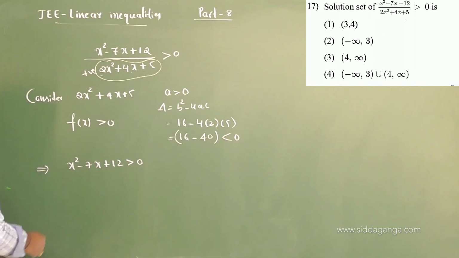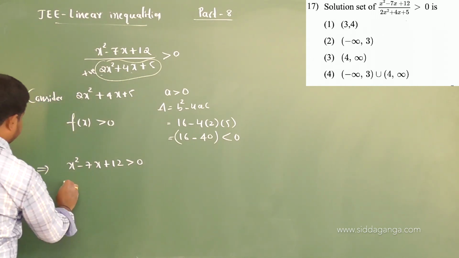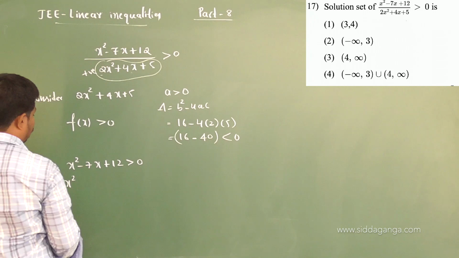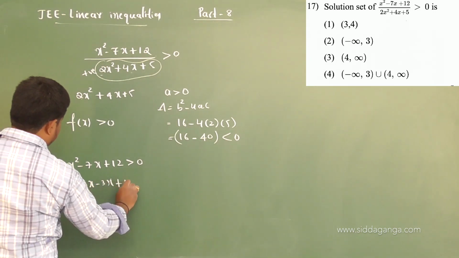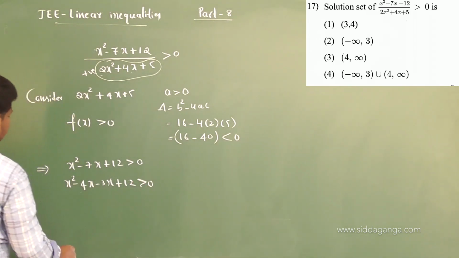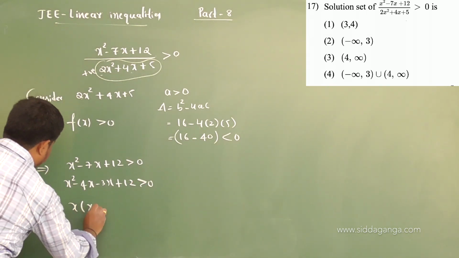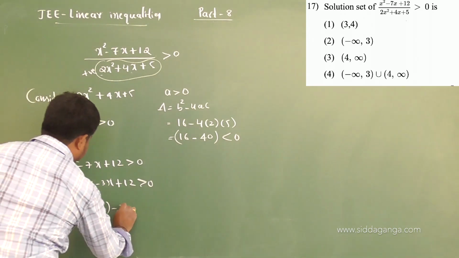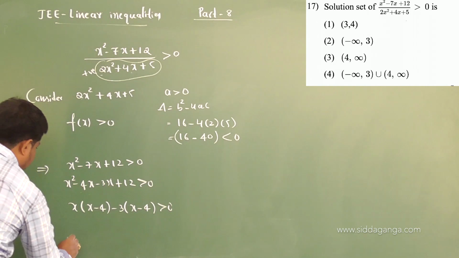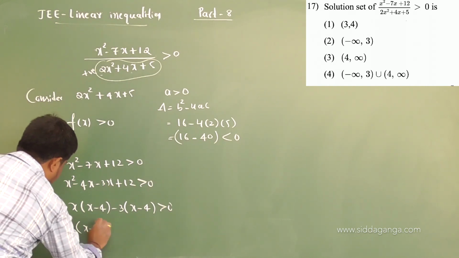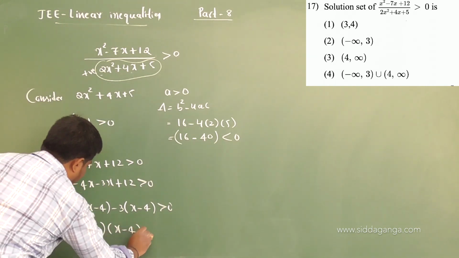I can rewrite this as x square minus 4x minus 3x plus 12 is greater than 0. x into (x minus 4) minus 3 into (x minus 4) is greater than 0. So you get (x minus 3) into (x minus 4) is greater than 0.